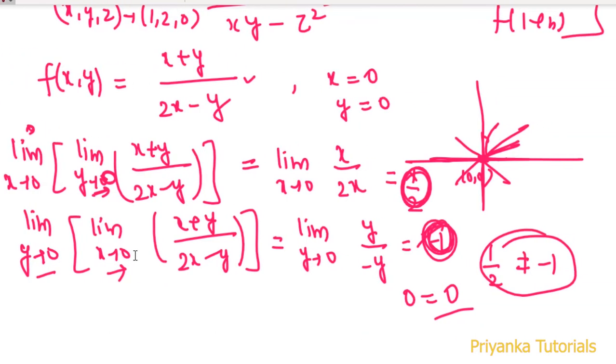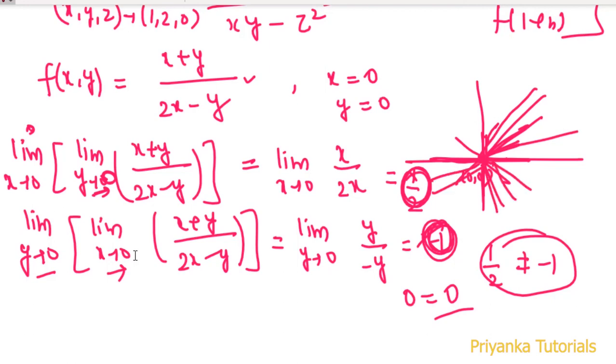But that's not too easy in higher dimensions. Whatever you are doing here, you are just checking here, suppose. What about the infinite ways or infinite paths which are coming towards this point?